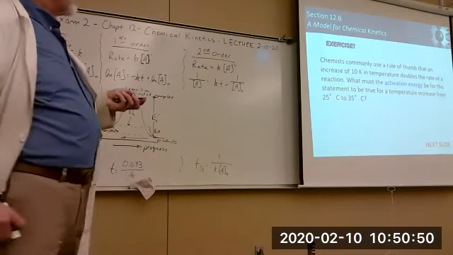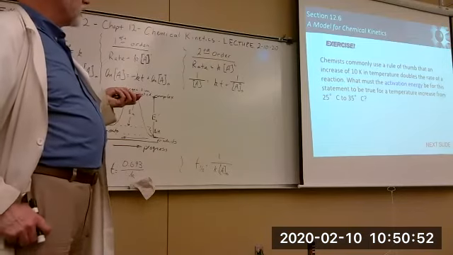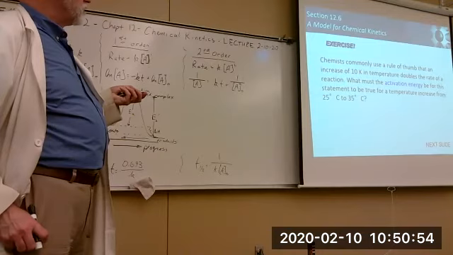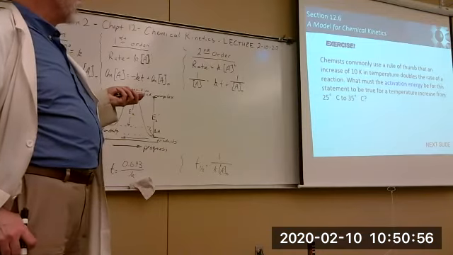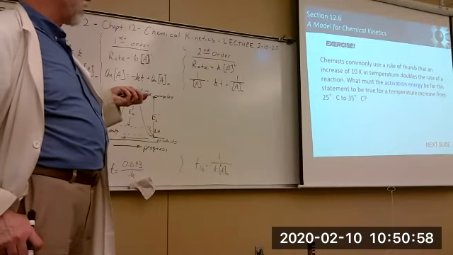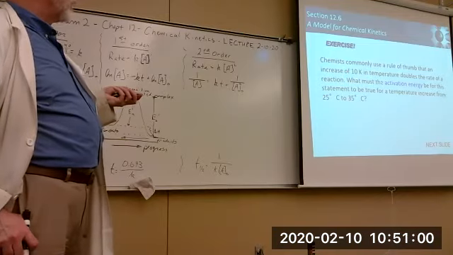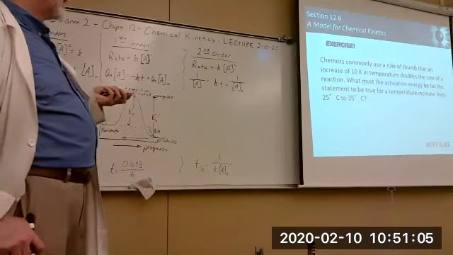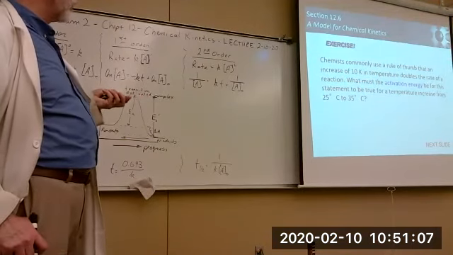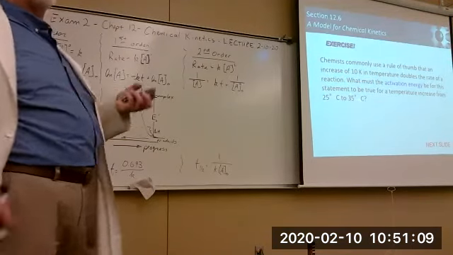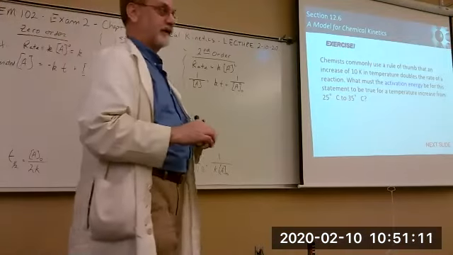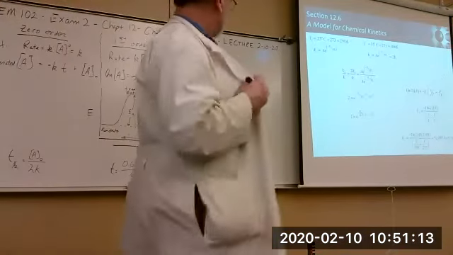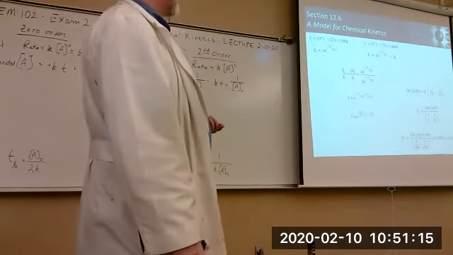But if we take the rule of thumb and we say we double the reaction for every 10-degree increase, then what would the activation energy for a reaction have to be in order for that to be true for 25 degrees to 35 degrees, that 10-degree difference? Right? So it's actually quite simple.